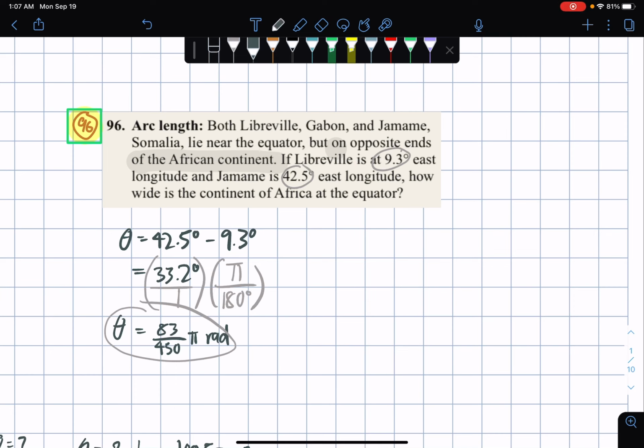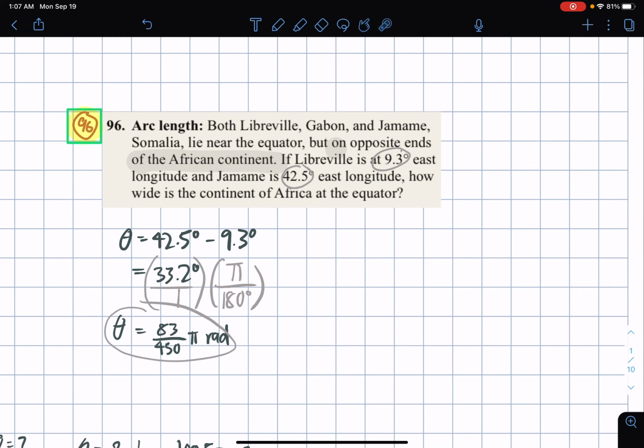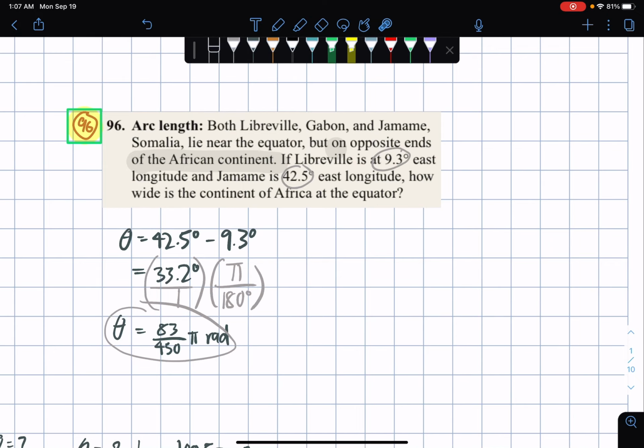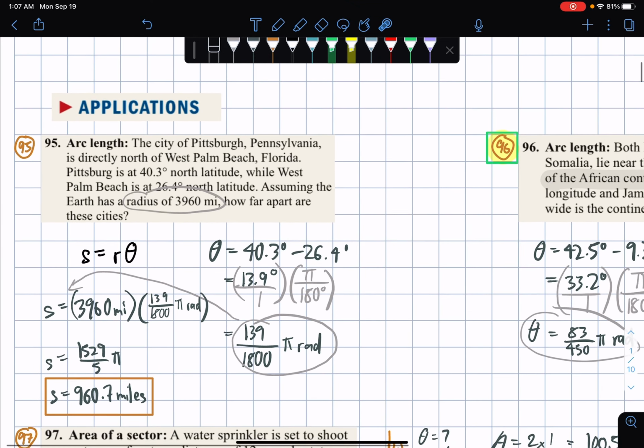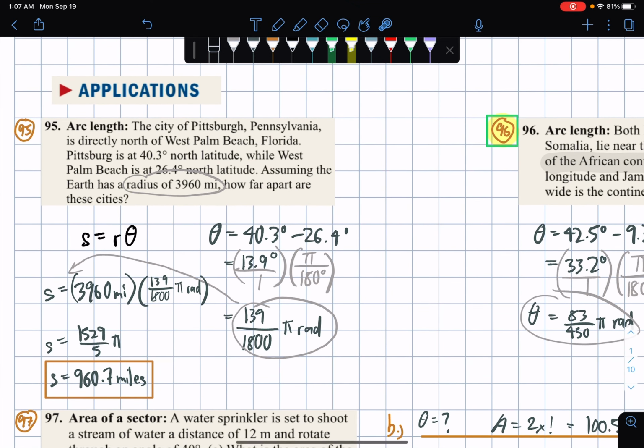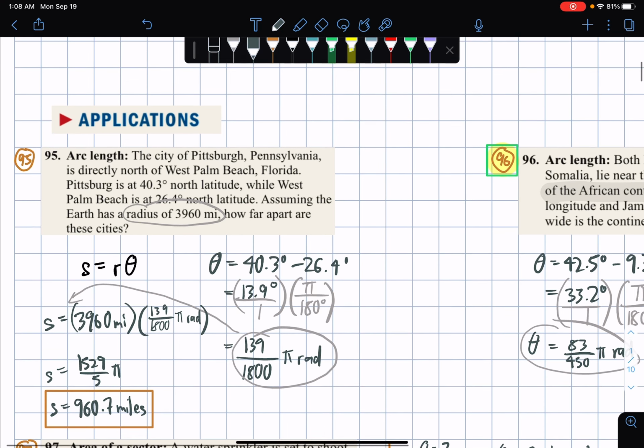Again, the radius in this word problem is not stated, but the idea of what's being talked about here is similar to number 95. We are measuring the distances between two places, but one thing remains constant: the Earth's radius.